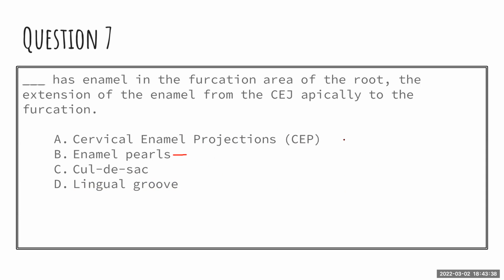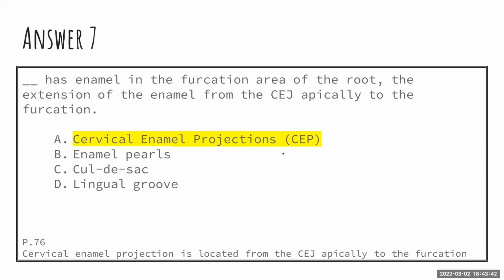Or a CEP, the cervical enamel projection, and that is the better choice. An enamel pearl is that little outgrowth of enamel, so it's a big bump. It's like an enamel pimple. Versus this is saying it's an extension here, so it's using the word extension from the CEJ, and this is a cervical enamel projection.